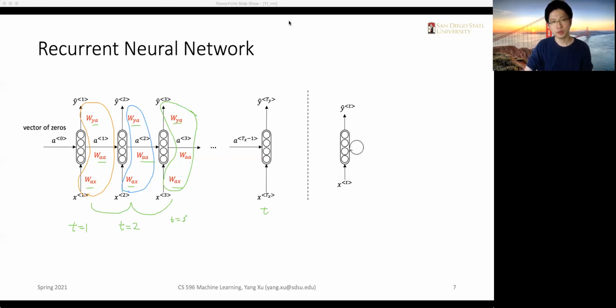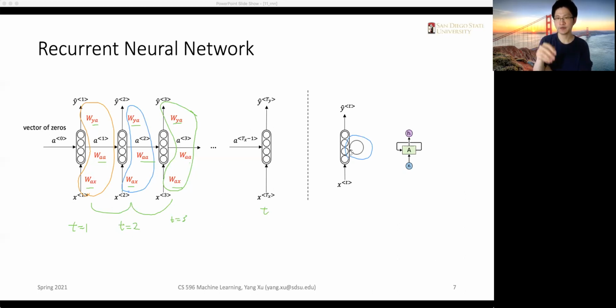In order to represent the network with a more compact visualization, we don't need to roll out all the time steps. We will simply put a one layer network like this, but we can put a circle here as a cycle to showcase that this is a recurrent network.